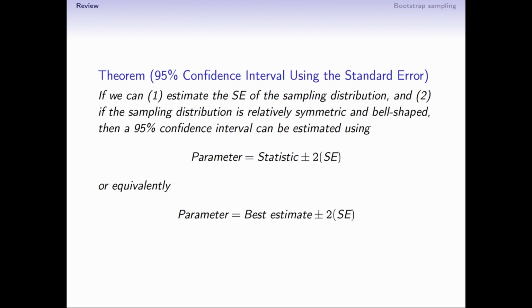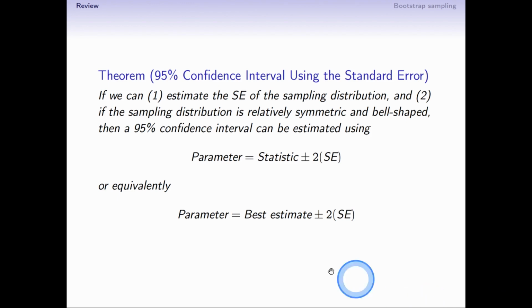If we can first estimate the SE of the sampling distribution, and two, if the sampling distribution is relatively symmetric and bell-shaped, then a 95% confidence interval can be estimated using parameter equals statistic plus or minus 2 times the standard error, or equivalently, parameter equals best estimate plus or minus 2 times the standard error.